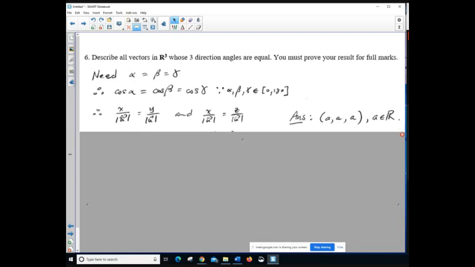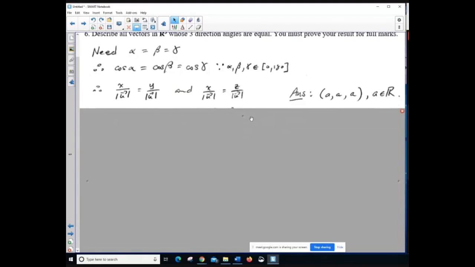So x over magnitude of u has to be equal to y over magnitude of u, and x over magnitude of u has to be equal to z over magnitude of u. One little thing I don't like about my solution here is I should have defined that u was some vector (x, y, z). A little lazy of me there.